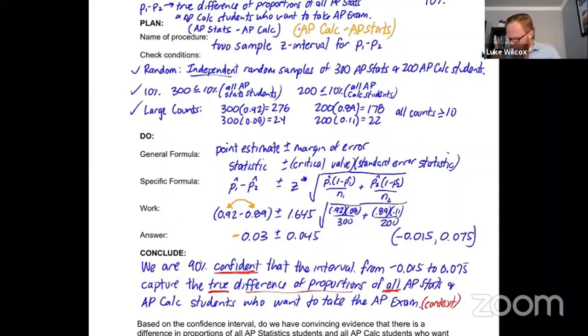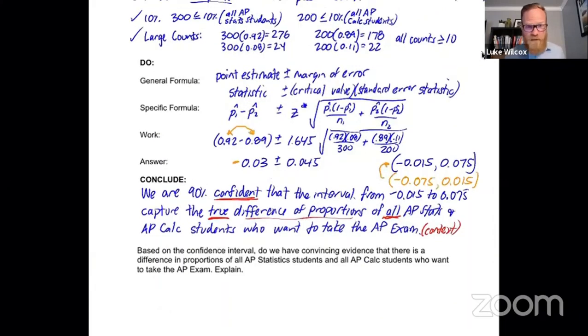And what you're going to end up with for your interval here is negative 0.075 up to positive 0.015, which is really telling you exactly the same thing as the interval above it. So either one of those is correct, as long as up here, you make sure you identify the order with which you are subtracting.